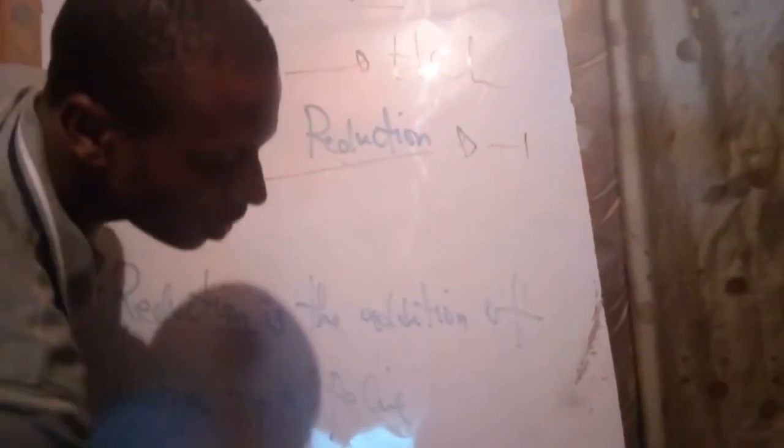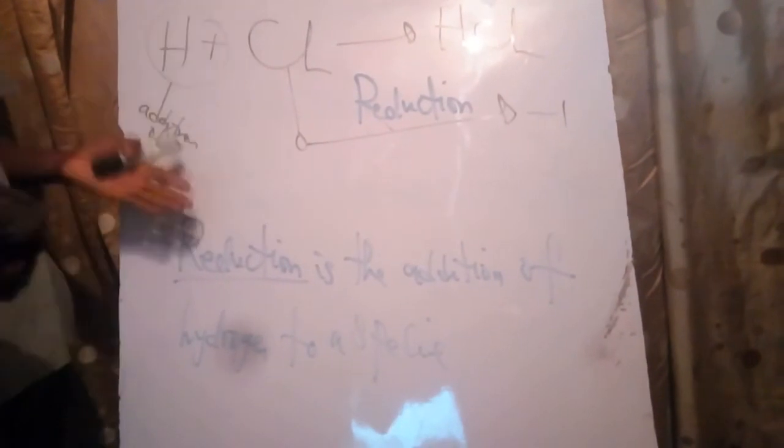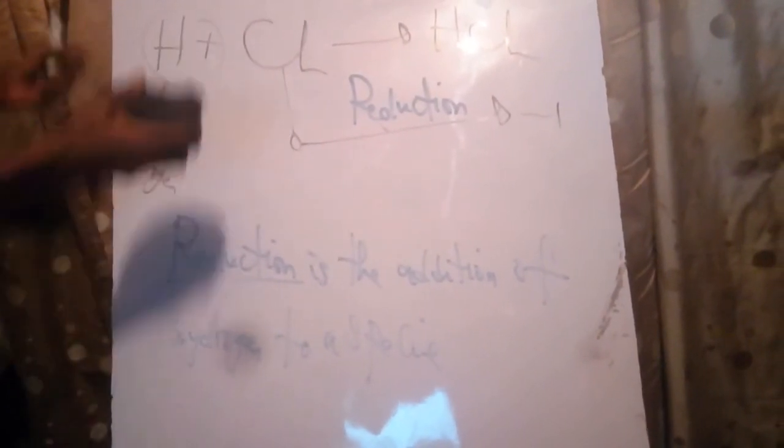Okay, I hope you are following. All right. This is clear enough. Now, I'll be talking about the meaning of oxidation based on this hydrogen transfer. Maybe pause the video and take down the notes. Okay.